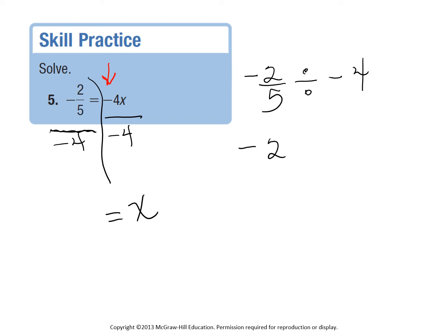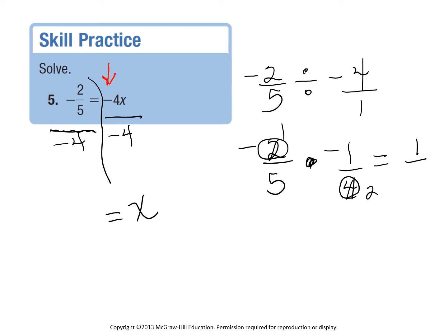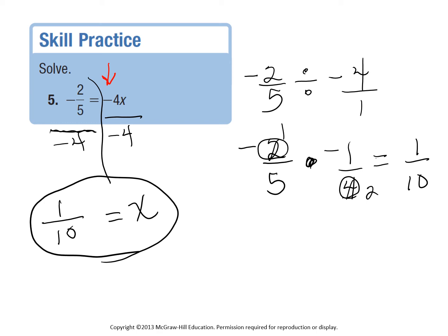So I keep the first fraction and I change to multiplication and I flip the second fraction. And again, when I multiply two negatives, I get a positive. I'm going to reduce this 2/4 to 1/2. So I get a positive 1/10. So 1/10 equals x is your solution.